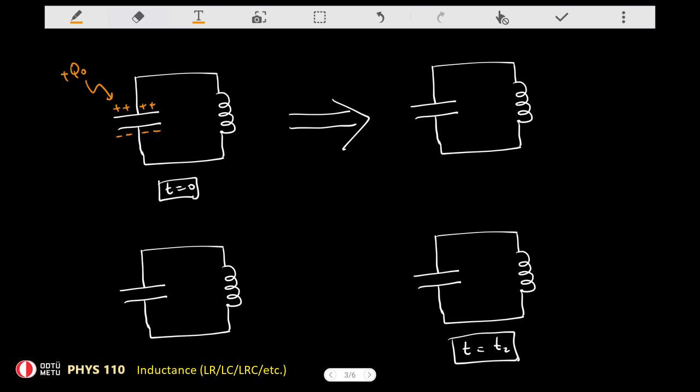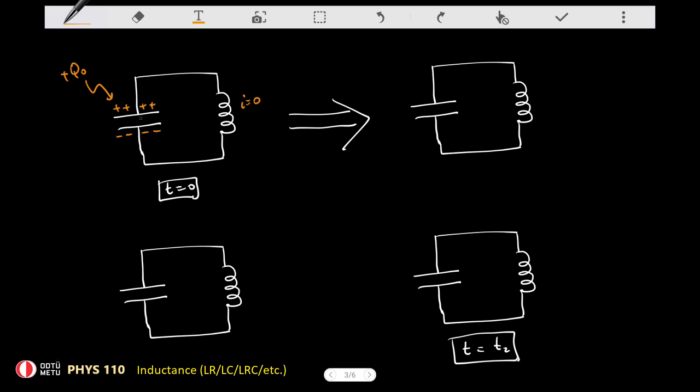In any case, this is a situation where there's no current in the circuit, so all the energy is on the capacitor, no energy on the inductor. That means all the energy is electric potential energy, and there is no magnetic potential energy here.